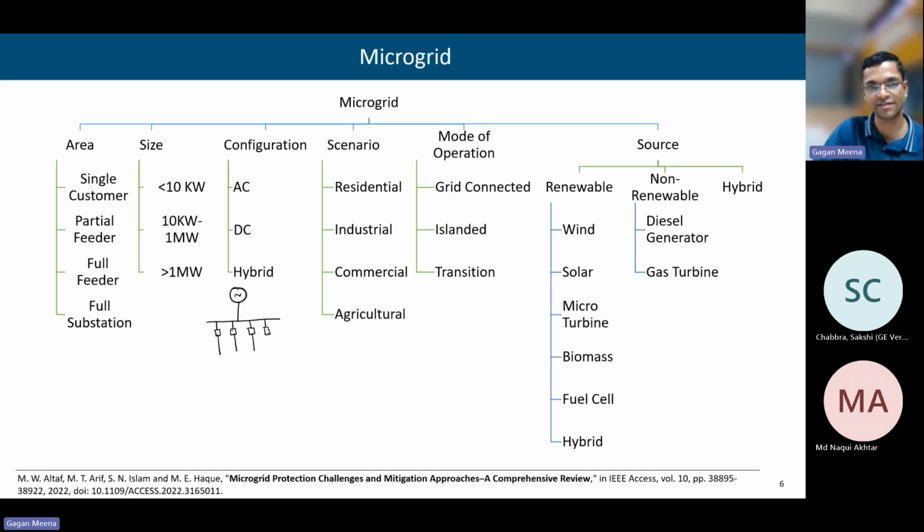In one feeder, you can have different laterals, several laterals are possible. Let's say this is one house, and here we have loads and DER. There can be storage also. If we talk about this, then it's a single customer microgrid.